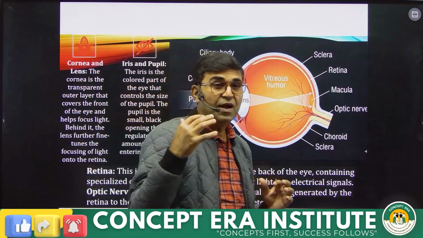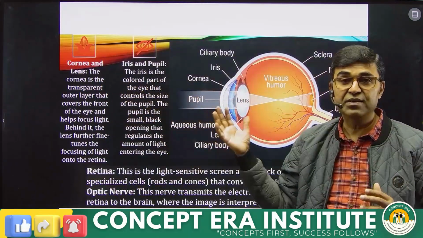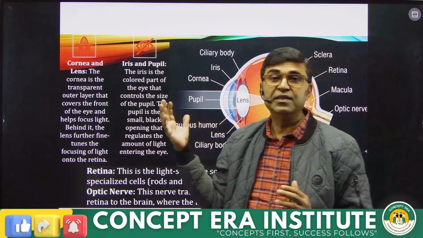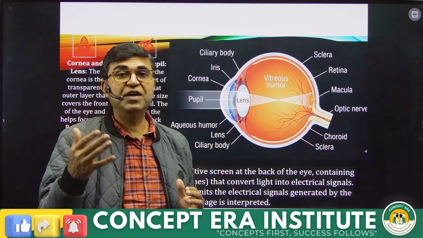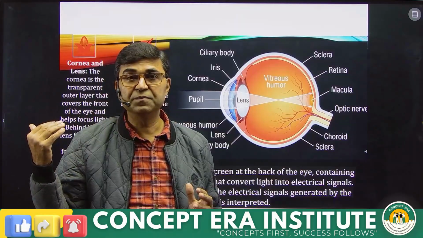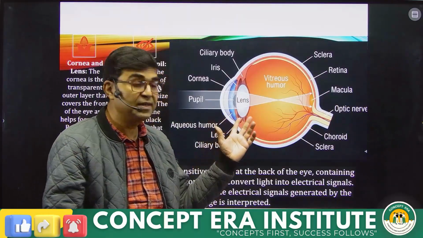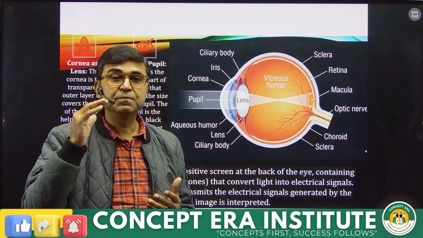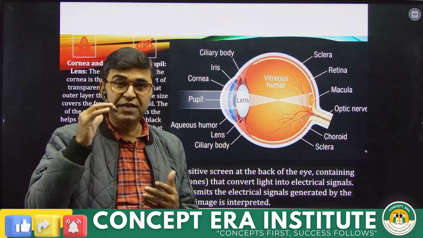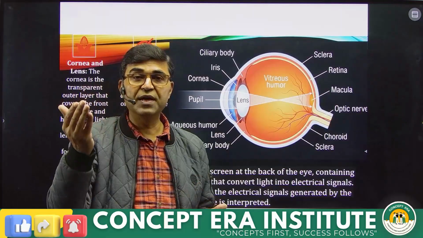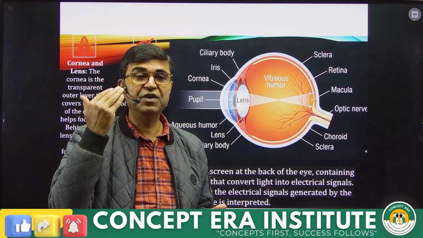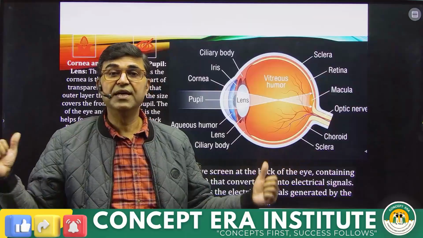But when the surroundings are semi-dark, then the amount of light should be increased so that we are able to see the objects clearly. In that case, the iris contracts and the size of the pupil becomes bigger. So more light enters the eye and we are able to see the objects around us clearly.